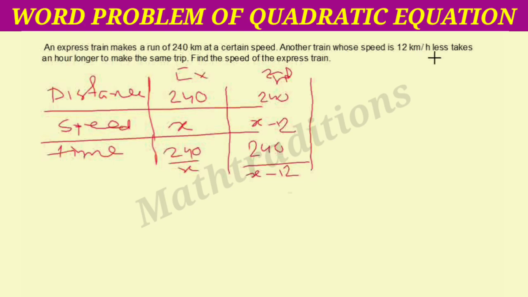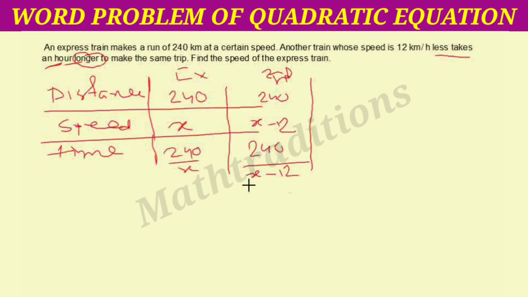It takes an hour longer. This term longer means the difference between the two times will be 1 hour. So before writing the equation, please check which one is the greater time.